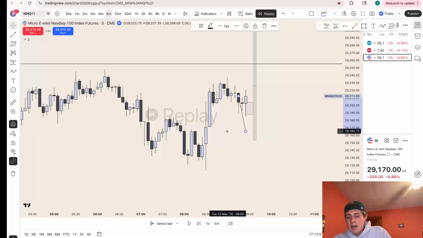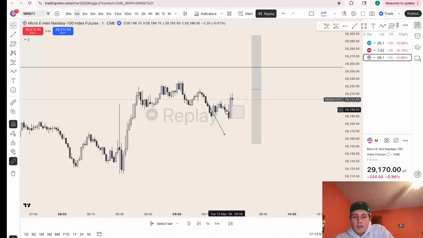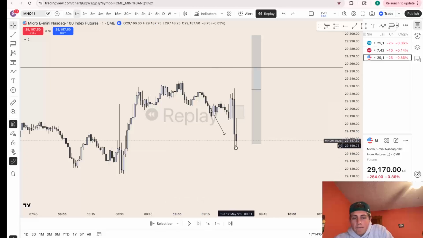So looking for these gaps inside of gaps is really important, because you see this reaction and maybe you think that we're going to deliver from the 15, but then we end up going to the 5-minute.